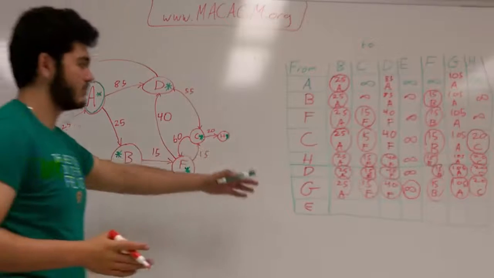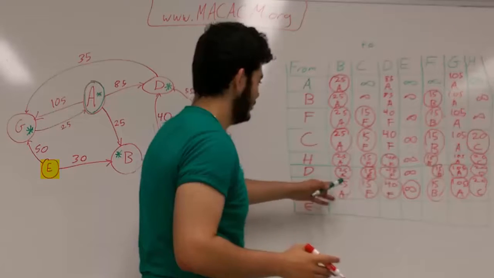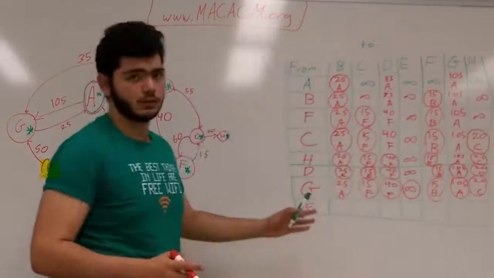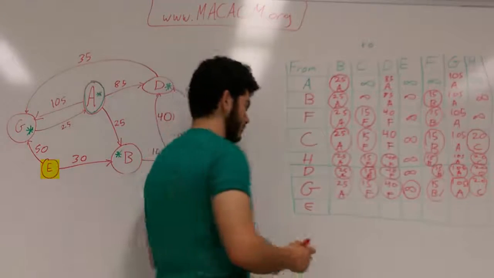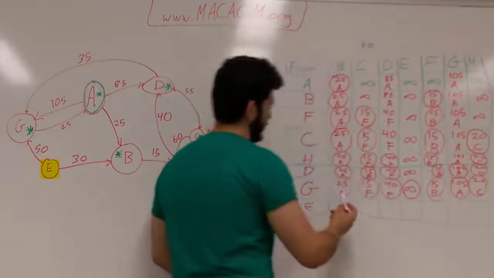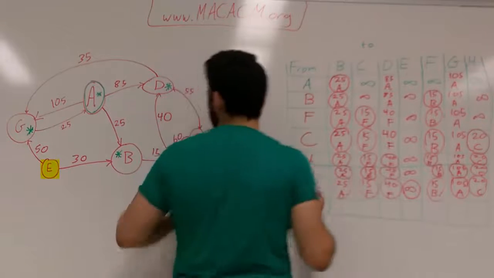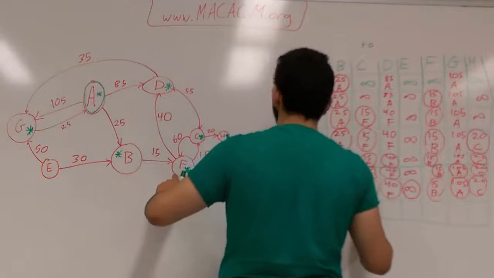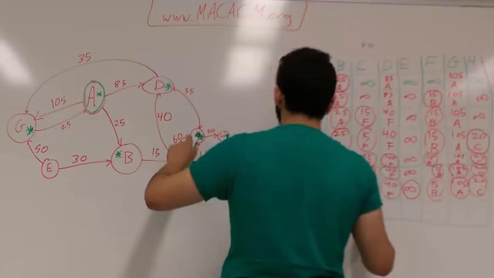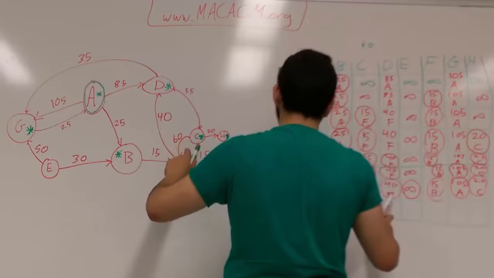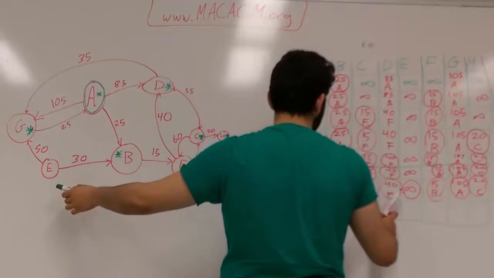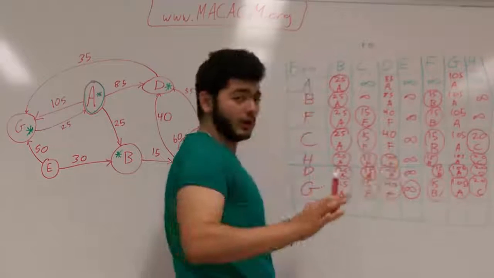So I'll just rewrite those into here, and that will be my final result using the algorithm, which is 25 from A would take me to B, and 15 from F would take me to C, 40 from F would take me to D, and infinity would take me to E. That's pretty much the best we got.